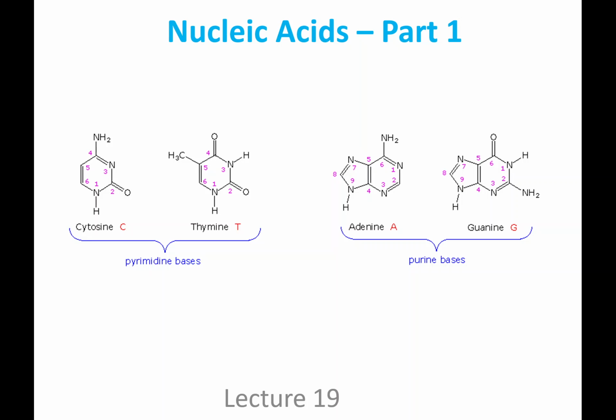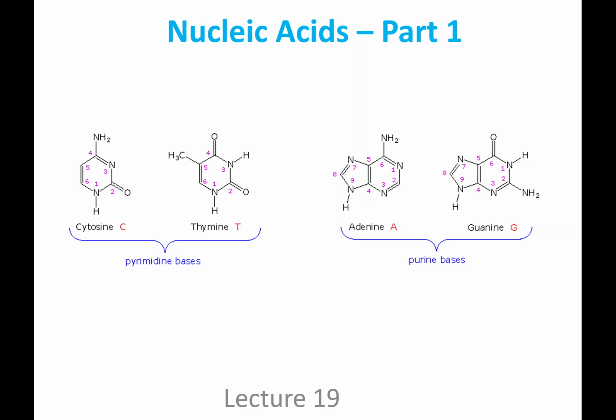But the title slide is, I think, a good summary of the four main DNA bases that you'll need to know. You'll need to be able to recognize these, the pyrimidines and the purines, C, T, and A and G. And I like this slide.